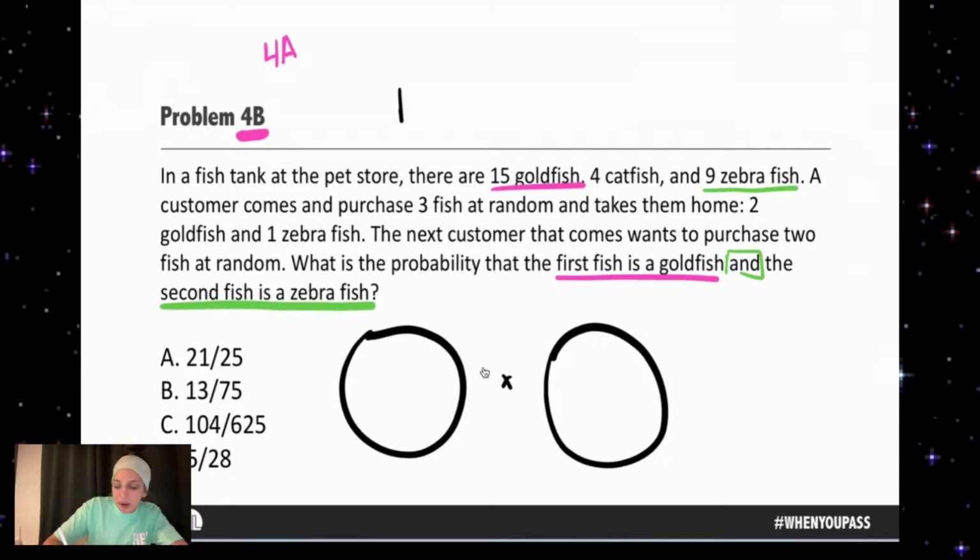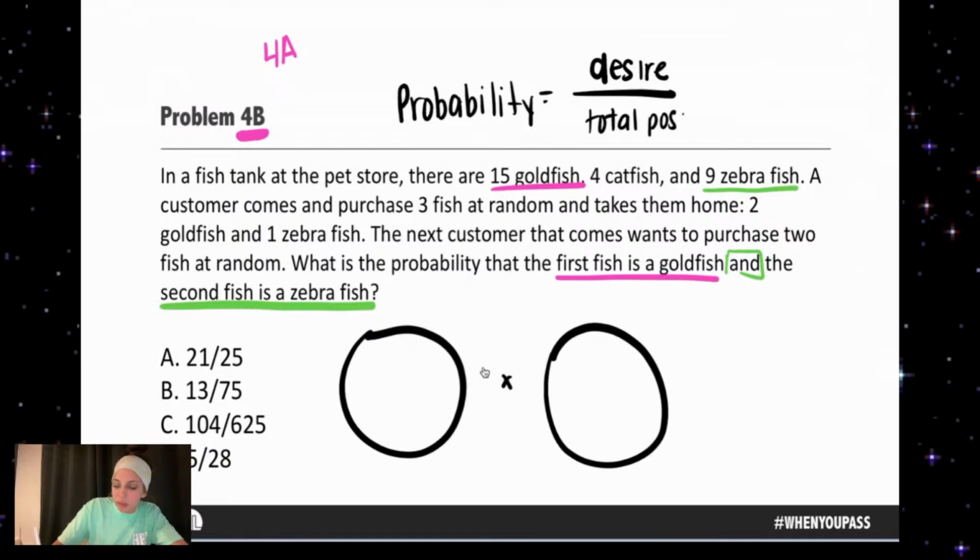And remember, probability is my desire over my total possible.